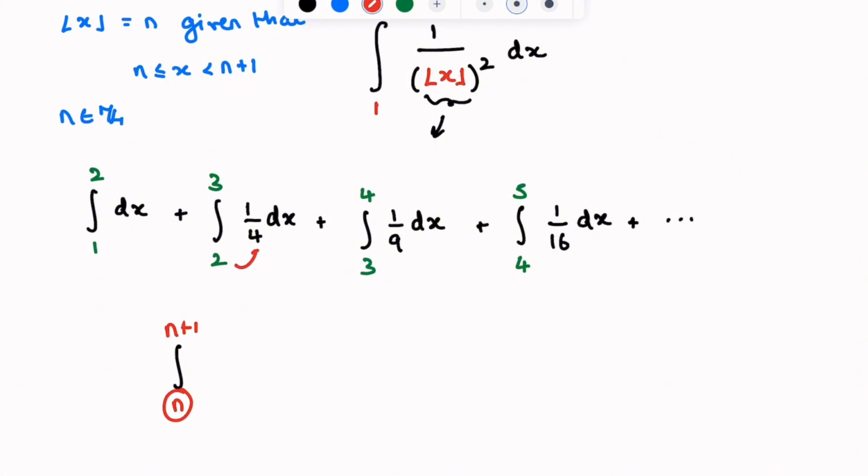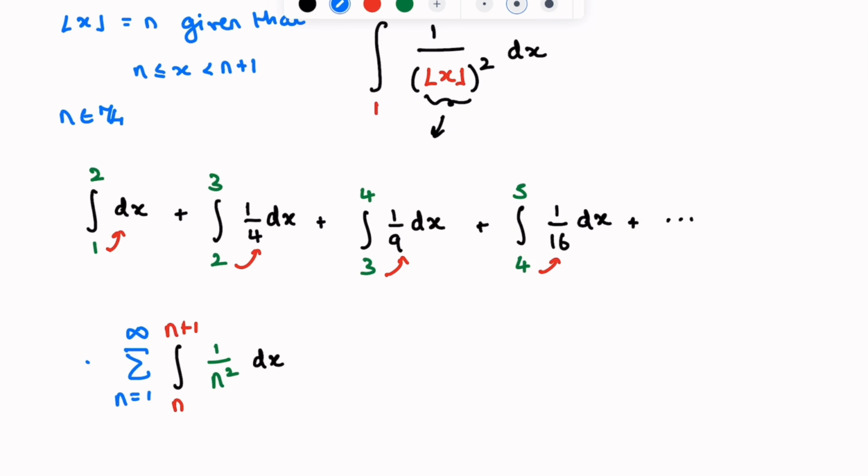Here it was 2 squared, 3 squared, 4 squared, obviously 1 squared, but then 1 over 1 squared is 1. So the inside is just 1 over n squared dx. But then we have a bunch of integrals here that we're summing up, so what we can do to deal with that is just take a summation here from n equals 1 to infinity. And voila, we have our integral.